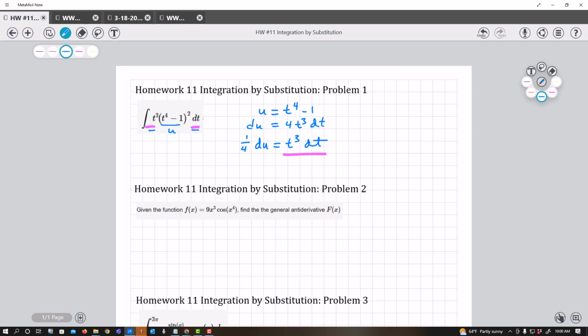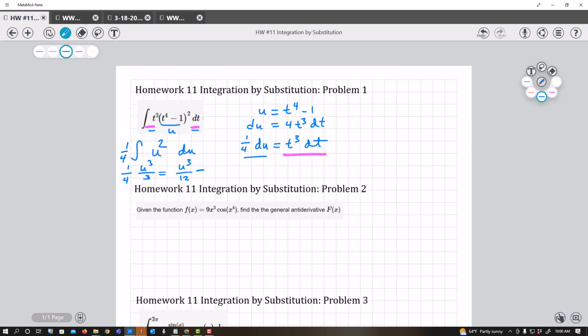So now you just substitute back. So in this case, the substitution will be 1/4, and I'll throw that out front, du, where now this inside just becomes u squared. And now this is kind of the whole point of why you do this, is now this is easy to take an antiderivative, because that would be u to the 2 plus 1 over 2 plus 1, which would be u to the 3rd over 12.